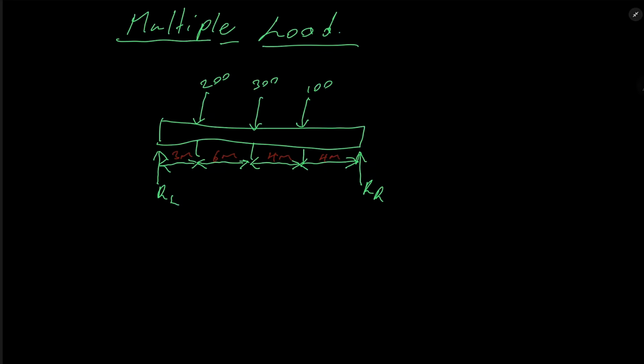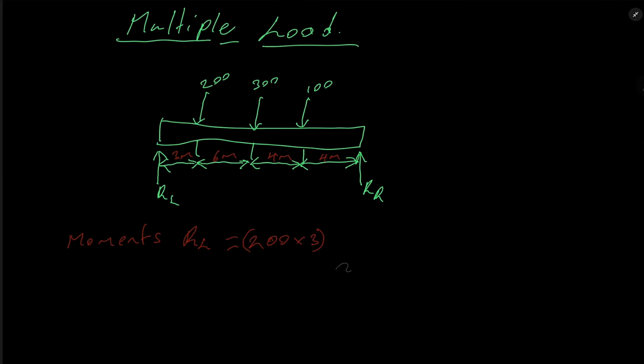Wonderful. So how are we going to do this calculation now? We're going to say moments at RL, and this is going to be equal to, and this is how we're going to do it, 200 multiplied by 3, and I'm going to put it in brackets so things are a bit clearer.